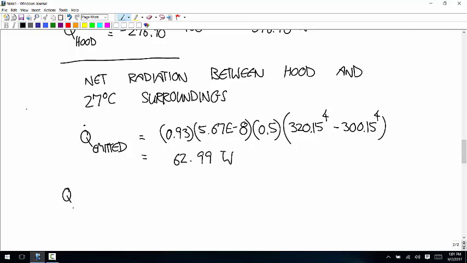And so then, in that case, the net heat, the energy acquired by the hood through heat would be negative 62.99 minus 100, so negative 162.99 watts.